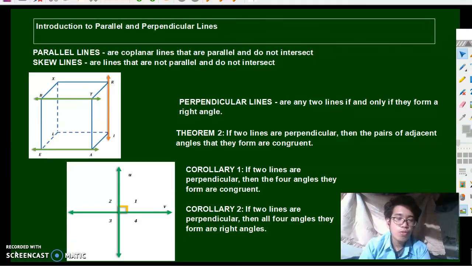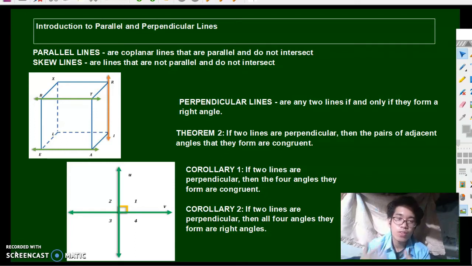So we move forward to our new lesson: introduction to parallel and perpendicular lines. We're not going to go into detail about these two big topics in geometry, since there are a lot of theorems and postulates about them.